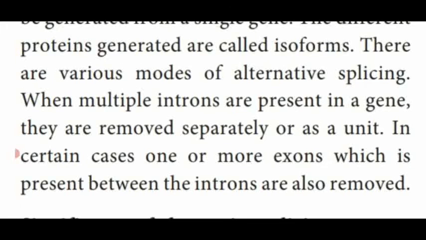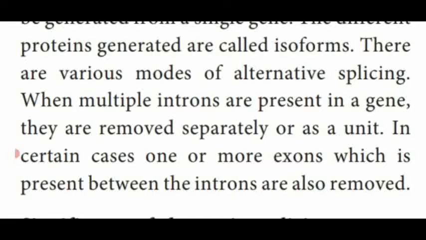This alternative splicing takes place in various modes. Multiple introns present in a gene can be removed by this alternative splicing method as a single unit. In some cases, the exons which are present between the introns are also removed by the splicing process. So that is said to be alternative splicing in plants. Normally, splicing takes place by RNA, isn't it?